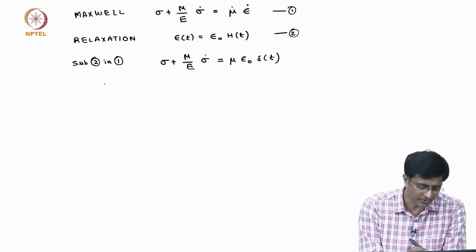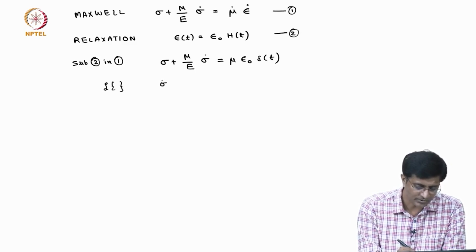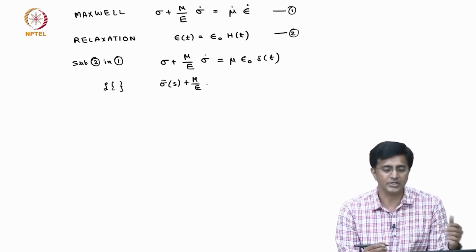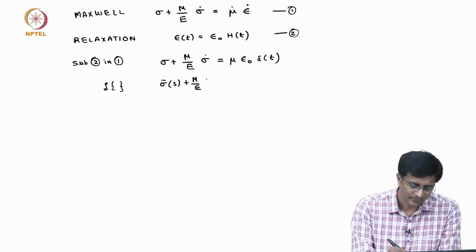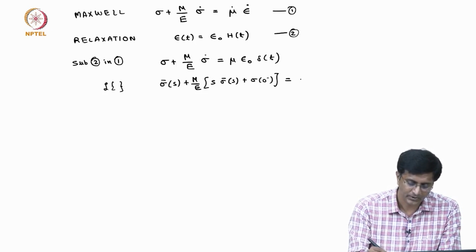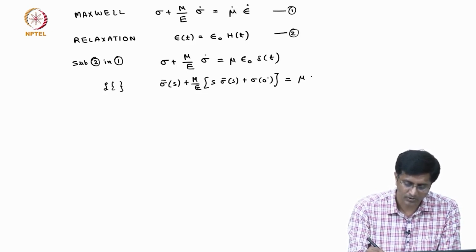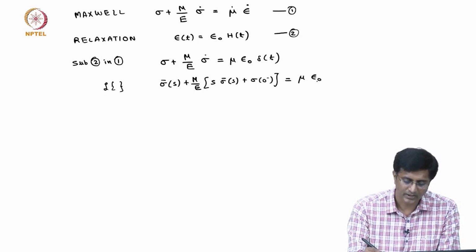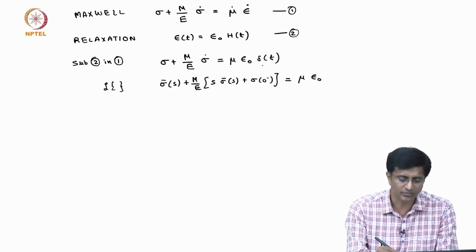Now, let us apply the Laplace transform on both sides. That should give us sigma of s plus mu by E times, again the Laplace of the first derivative of a function will be invoked, s times sigma of s plus sigma of 0 minus, equals viscosity times epsilon dot, and what is the Laplace of a Dirac delta function?